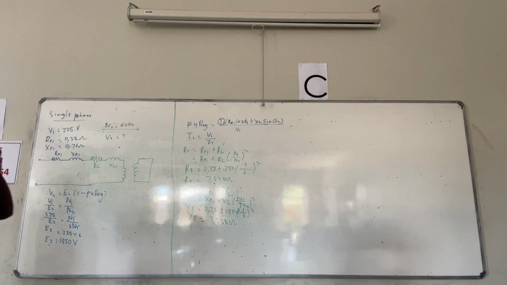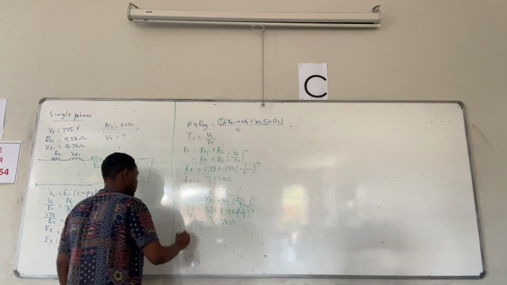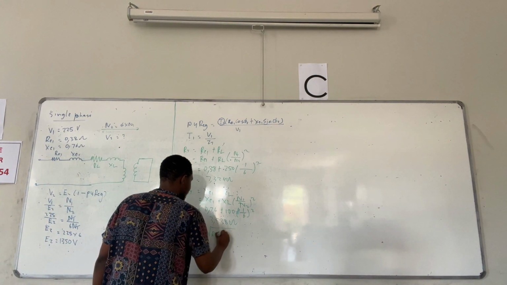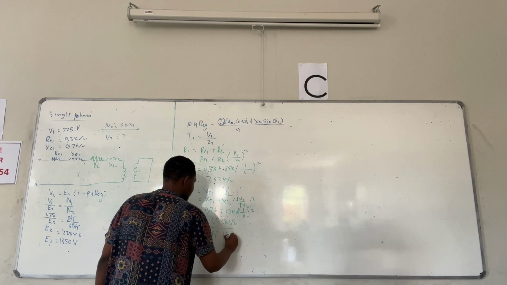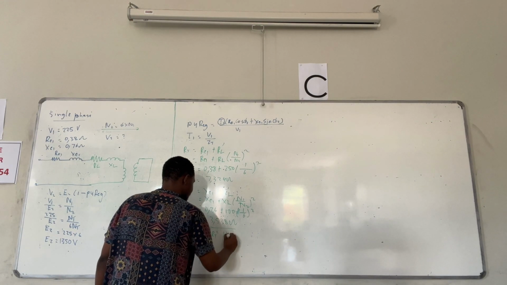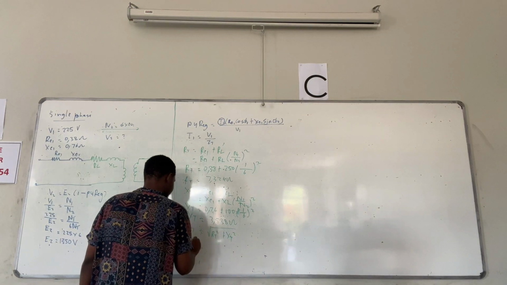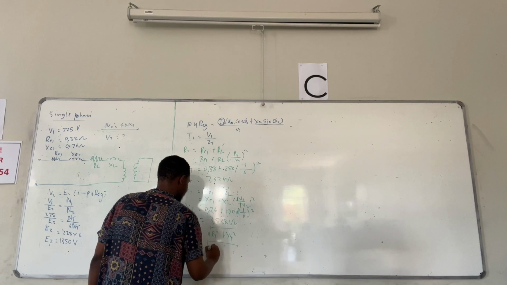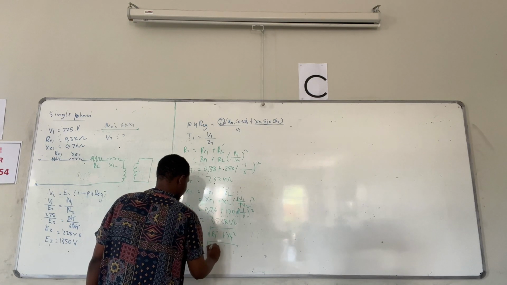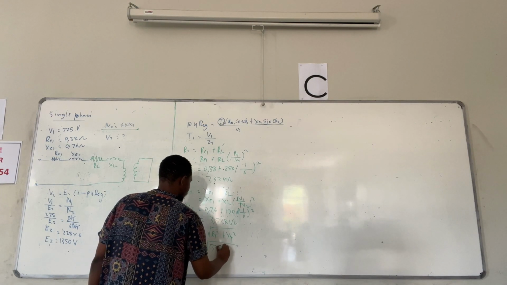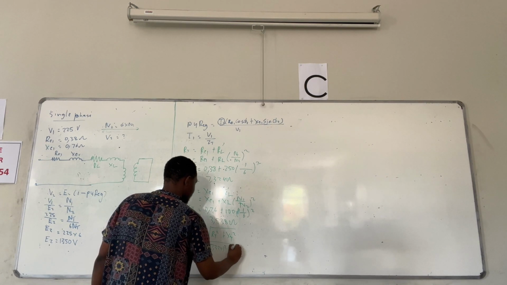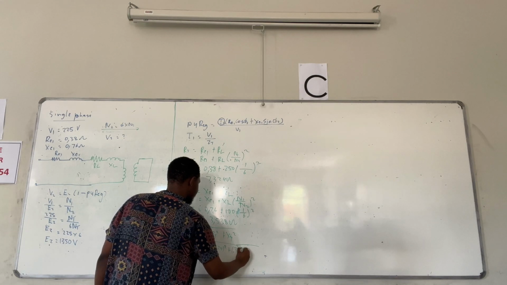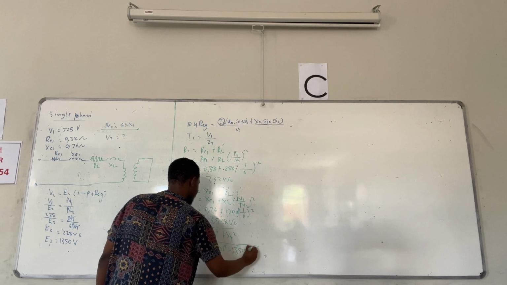Now that we got RT, we can get ZT, the square root of RT squared plus XT squared, which is 7.324 squared plus 3.538 squared.